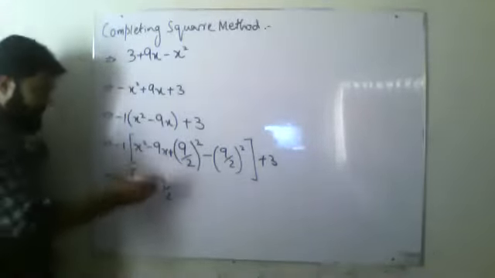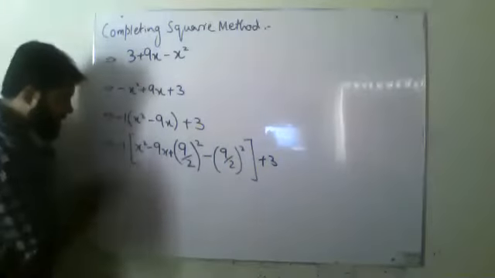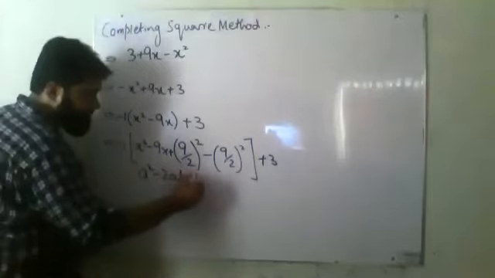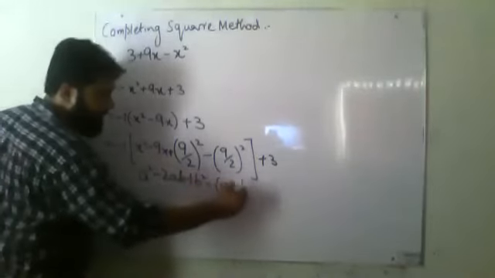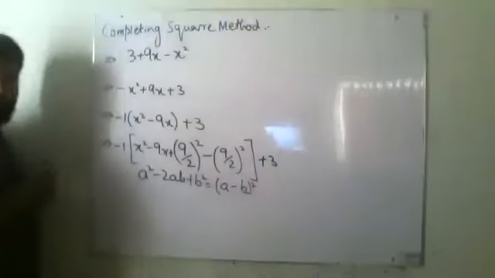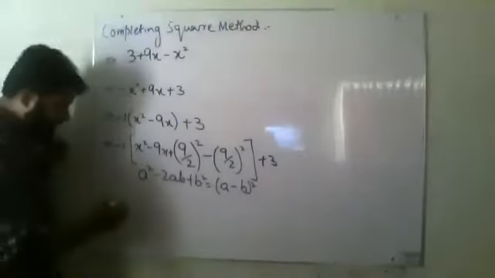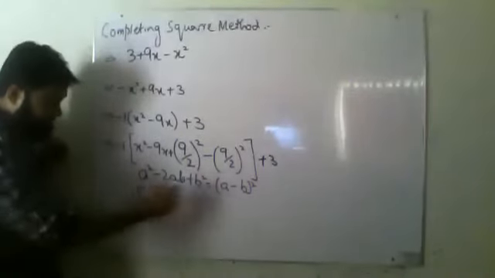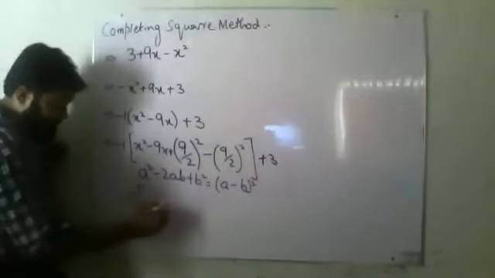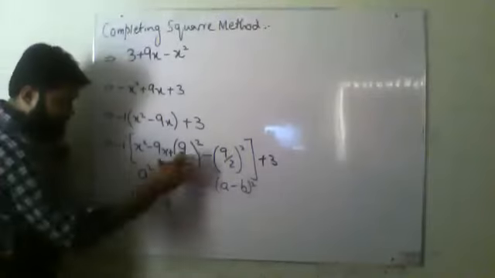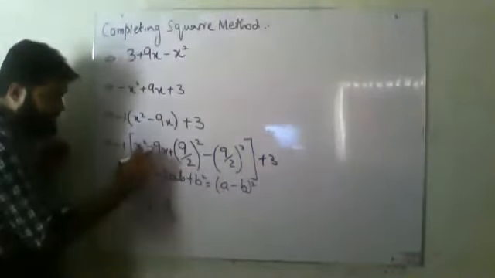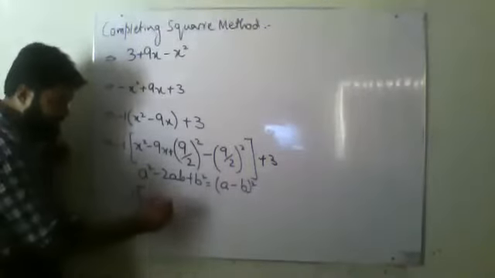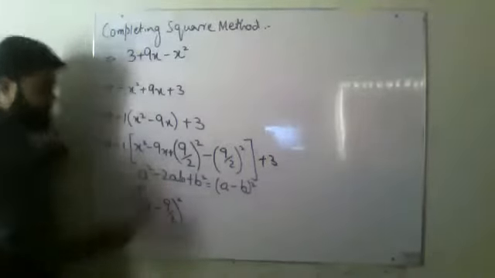The formula says a square minus 2ab plus b square equals a minus b whole square. So what are the squaring terms over here? The squaring terms are x and 9 over 2, and whatever is the sign in the center will be written over here with the squaring formula.